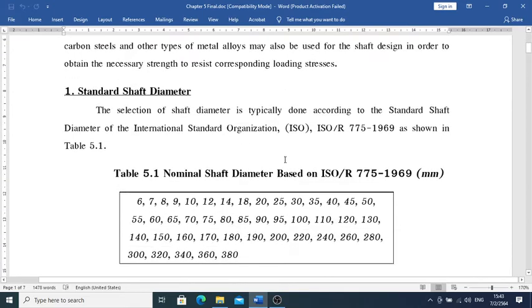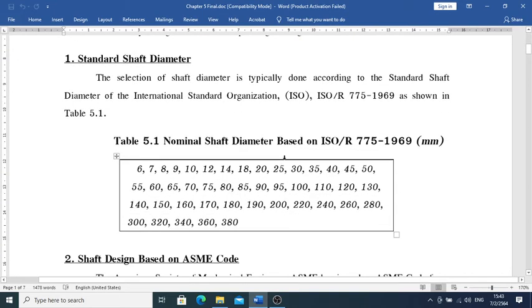First, for section 1, the standard shaft diameters: typically the ISO, the International Standards Organization, issues the basic shaft diameters that are available. They appear in table 5.1.